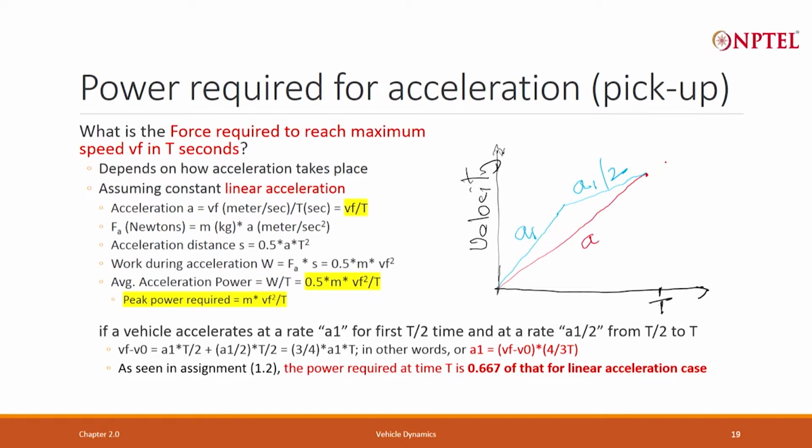If 50% of the time you travel at an acceleration a1 and 50% of the time you travel at an acceleration a1 by 2 and you reach exactly Vf at time t. This is the problem that has been defined in assignment number 2. If you calculate it, you will find that the power requirement at time t is 0.667 times what would have been the linear. But the average power will be same.